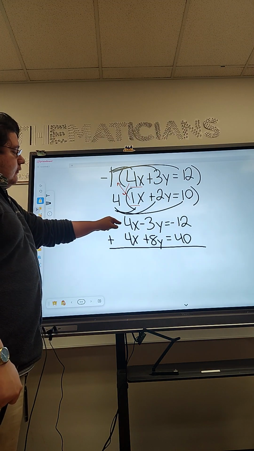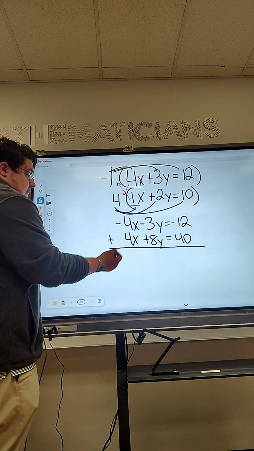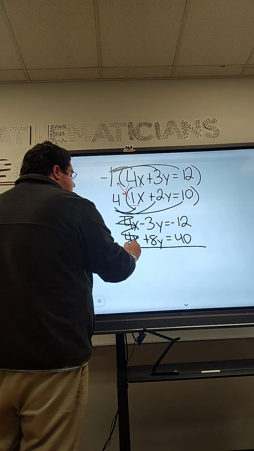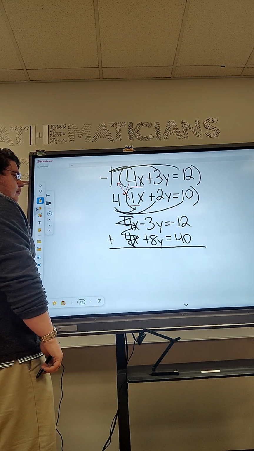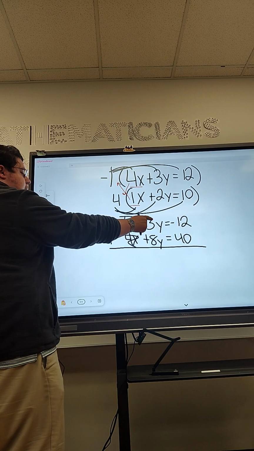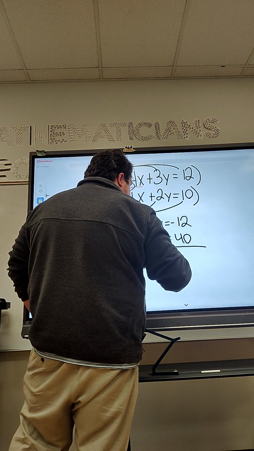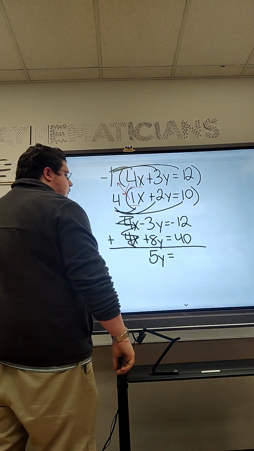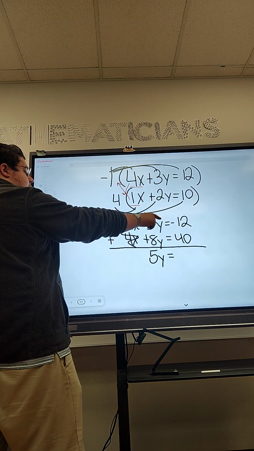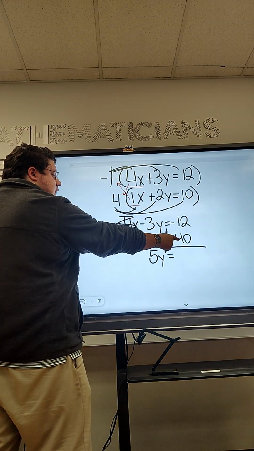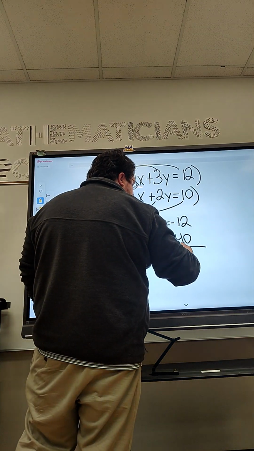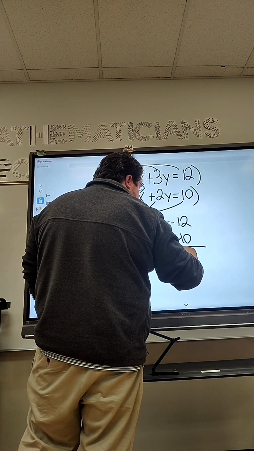So negative 4x plus 4x, well that's 0x. So we eliminated the x. Negative 3y plus 8y is 5y equals negative 12 plus 40, and that is 28.